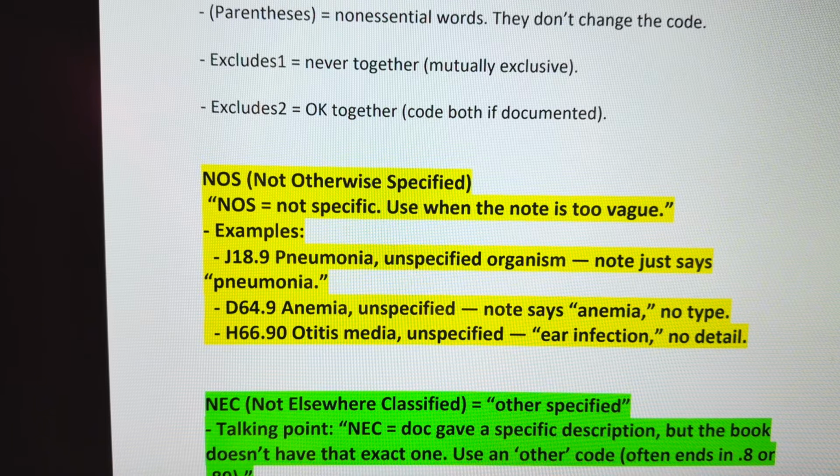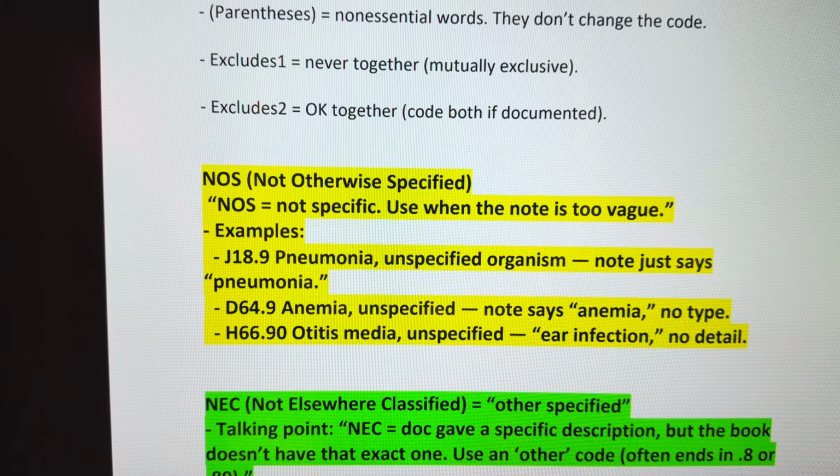Excludes one. I remember when this came out, it caused a frenzy, okay? We, coding professionals, well, for the most part, I can't speak for all of us, but I know in my huge circle, we were scrambling to understand excludes one and excludes two. But here we go. We have it together now, okay? Excludes one, never together. These codes are mutually exclusive, and we'll look at an example as we go.